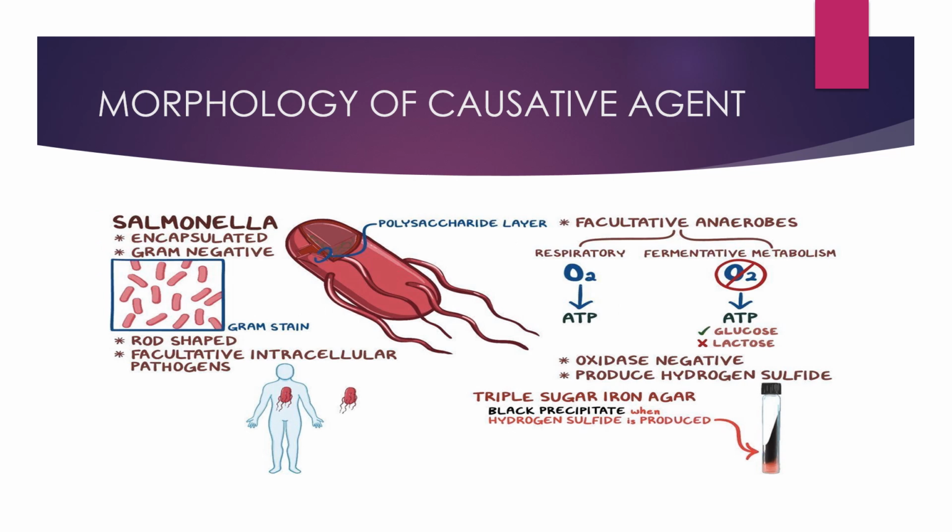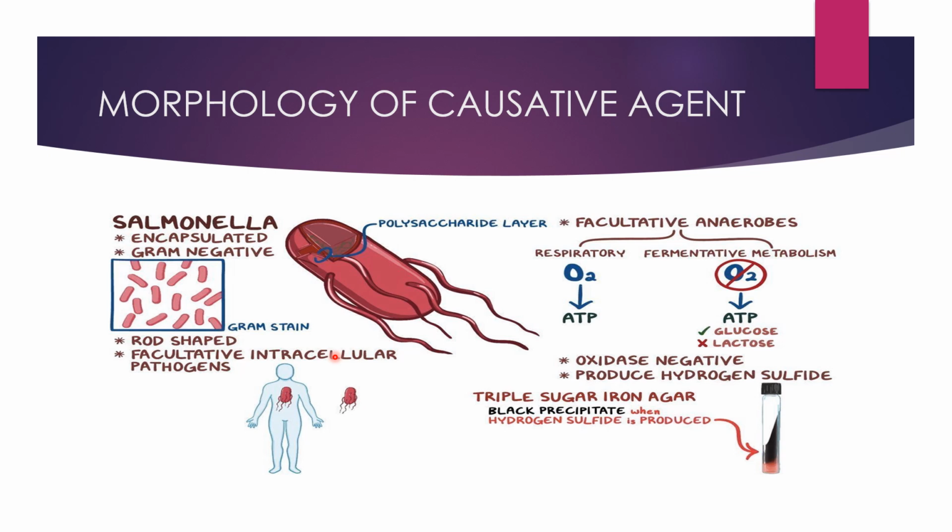So next is the morphology of the causative agent. Salmonella typhi is a rod-shaped, gram-negative bacteria. They are arranged in pairs. They are motile and have a peritrichous flagella arrangement. They are around 1 to 3 micrometer by 0.5 to 0.6 micrometer in size.